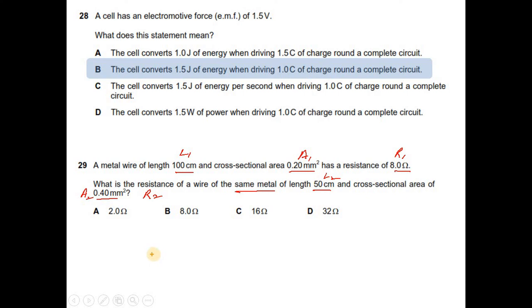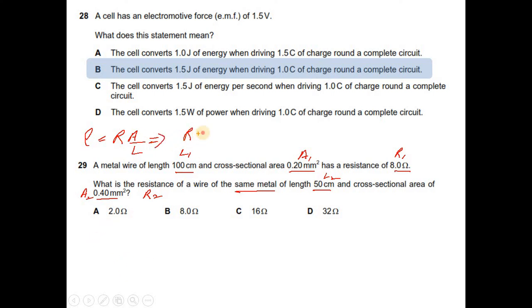So it's all about one important concept, length and area linked with the resistance. So we have a concept of resistivity. The resistivity rho is equal to R A by L. So that means you can make R the subject.